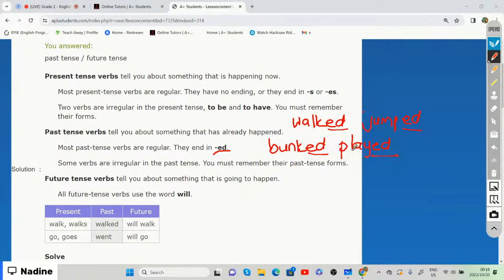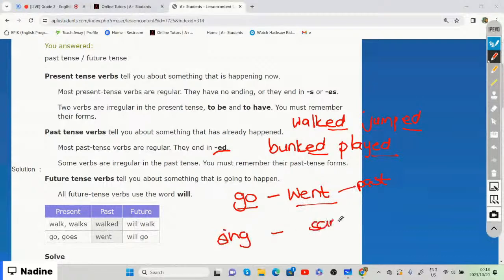And then we also have words that are irregular, and you're just going to have to remember their past tense form. For example, I go to the beach. Yesterday we went to the beach. So go is now, went is in the past. I sing a beautiful song.